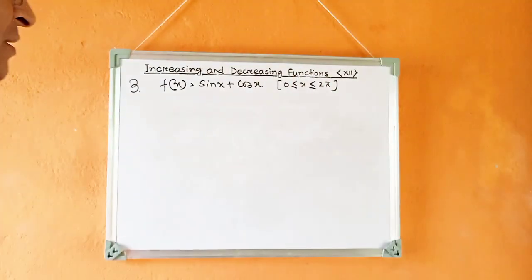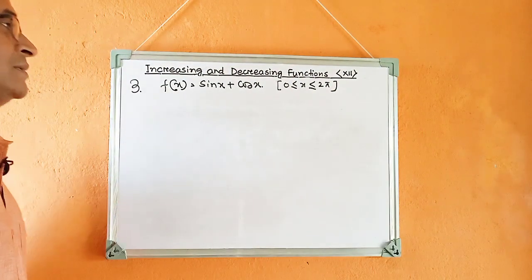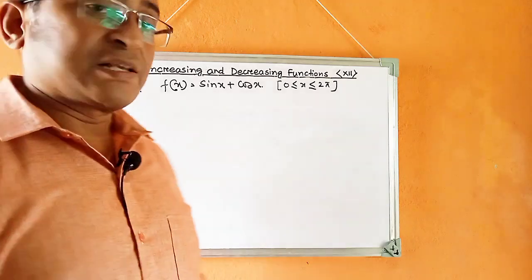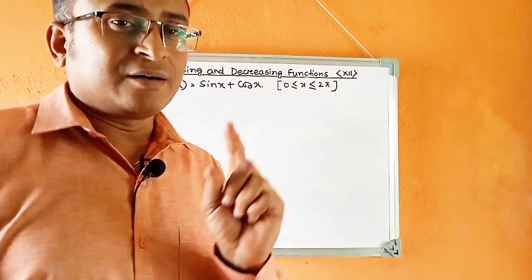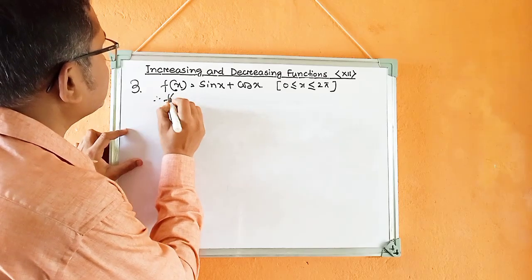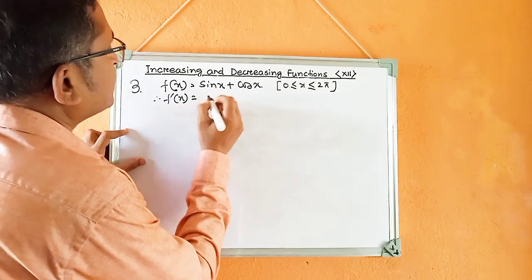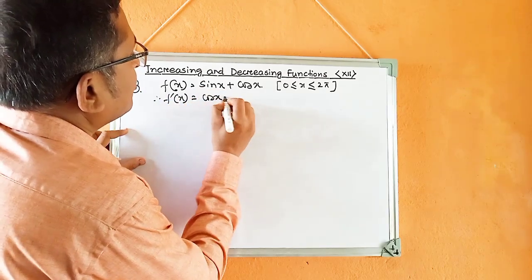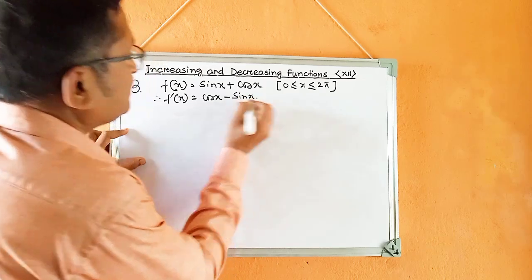Clear? Now, first of all, let's start the answer. First of all, we find f dash x, the first order derivative: cos x minus sin x. Clear?